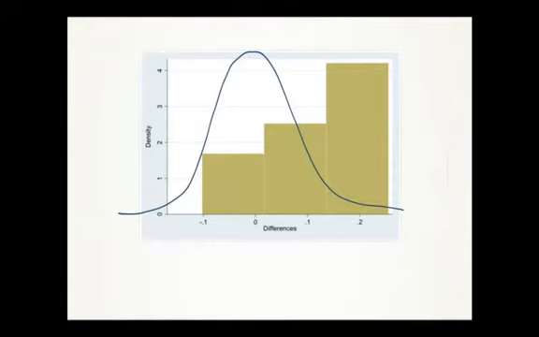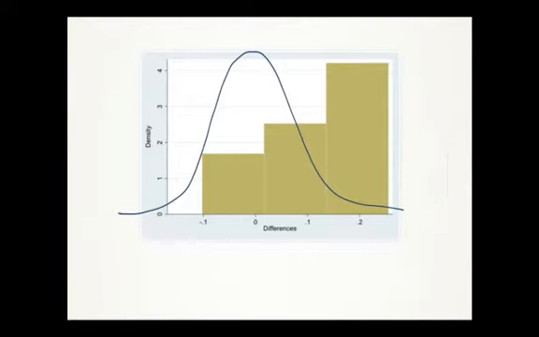So we could use the sign test, which we just learned about, but there's another more powerful test. Note that when I say a test is more powerful, what that means is it's more likely to detect a difference, okay?